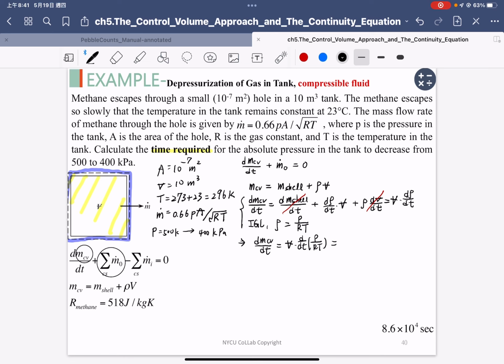We know R and T are constants, so we can take them outside the derivative, and inside we only have dP/dt.